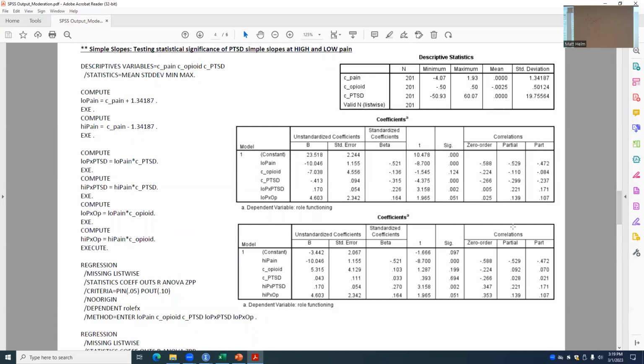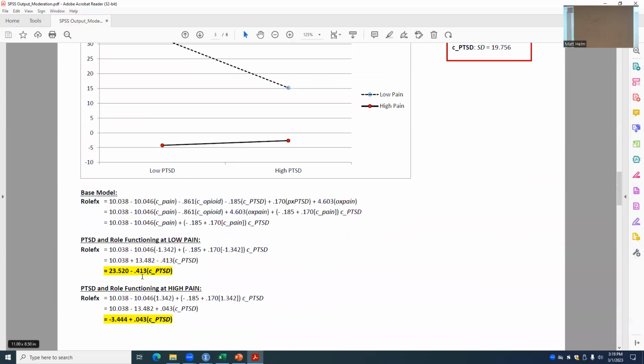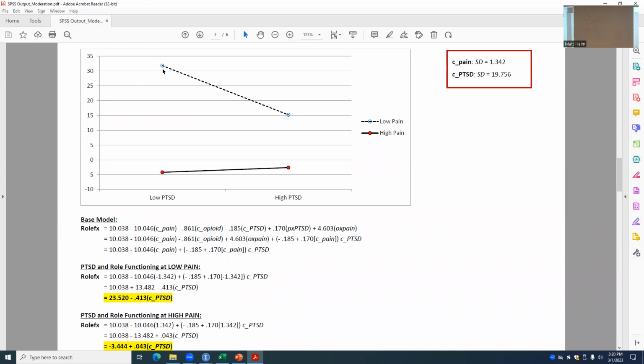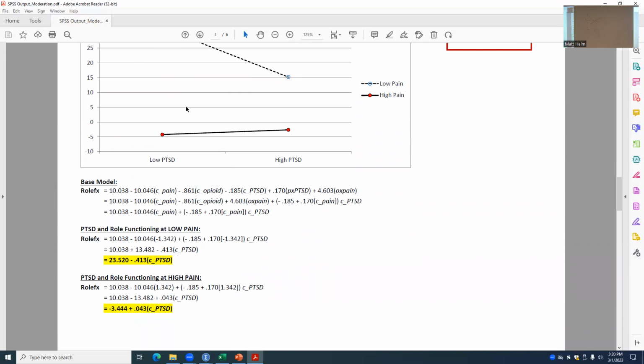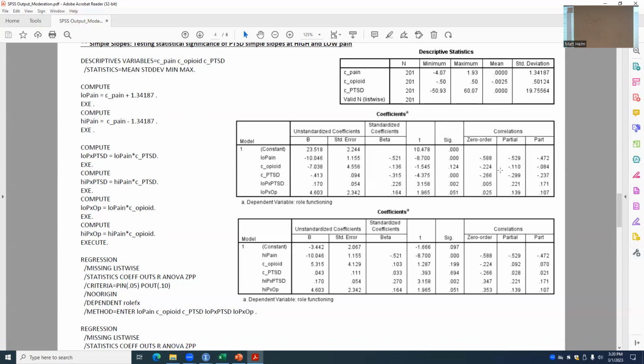And if I go through and I take a look, I see my constant is 23.518. Coefficient is negative 0.413. If I go back through what I got, within some rounding error, right? This tells me that if this is a mismatch, something's gone wrong somewhere in my model, okay? And so do I say that I have evidence for a negative relation between PTSD and role functioning at low levels of pain? Yep, I sure do, because I go in through and I can take a look at this.